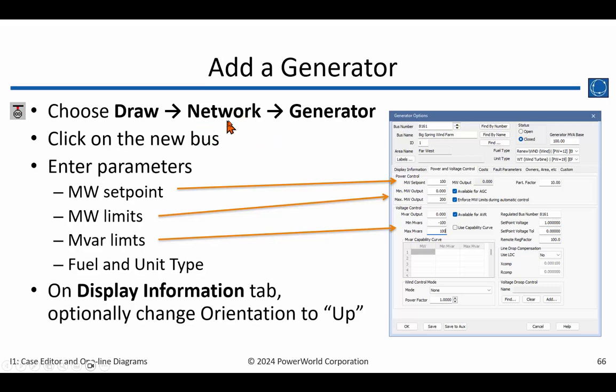And then we can add some parameters to it as are shown in this slide. So let's assume it's got a capability of 200 megawatts. We'll set that for the max. We can choose the current set point, let's say 100 megawatts, and then also provide some reactive power limits of, let's say, plus or minus 100.